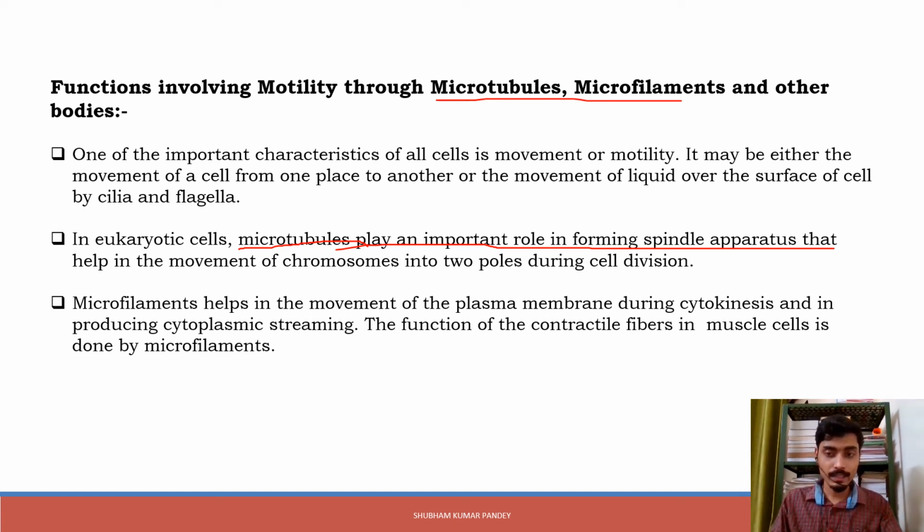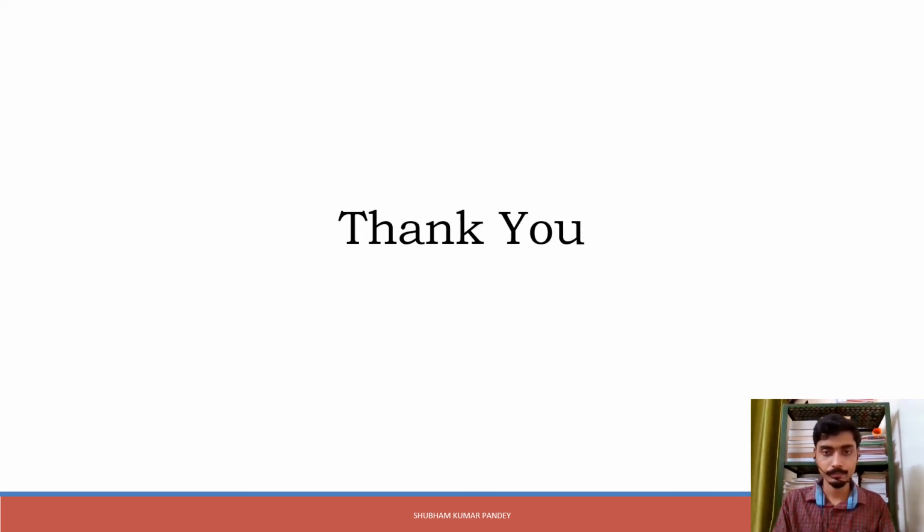Among the other bodies, such as flagella and cilia, you must remember Paramecium, in which cilia help in movement, and flagella in different types of bacterial cells and also in eukaryotic cells help in their movement. So these are the functions of cells with the help of microtubules and microfilaments.